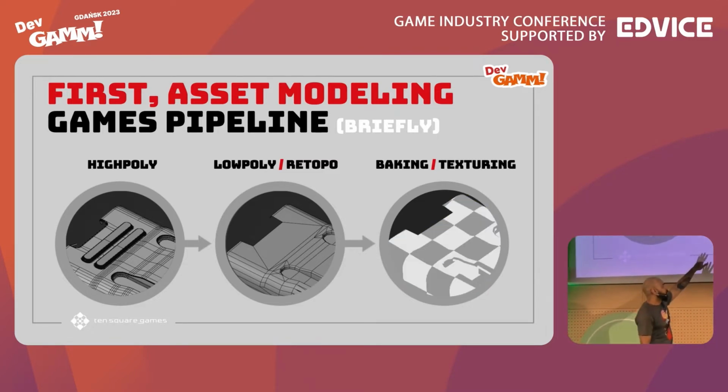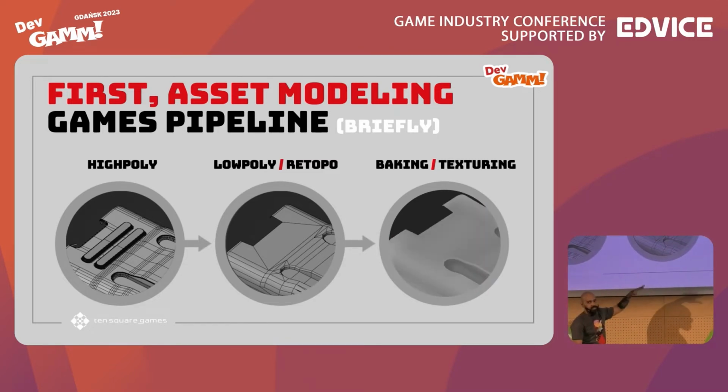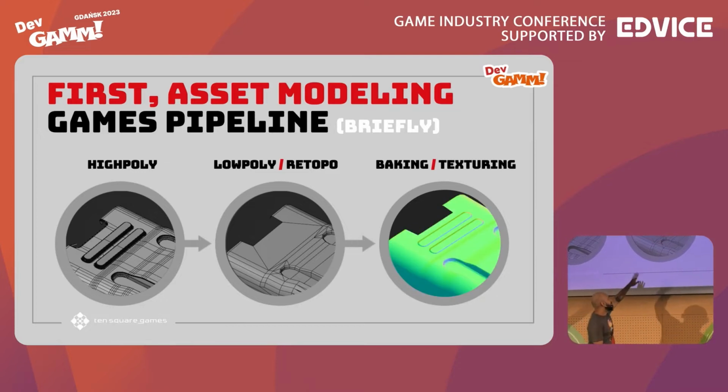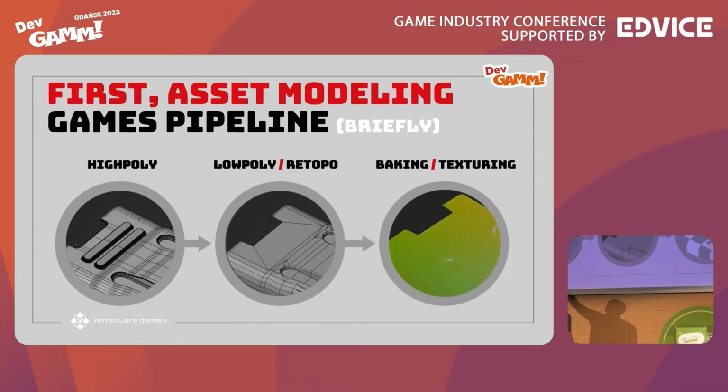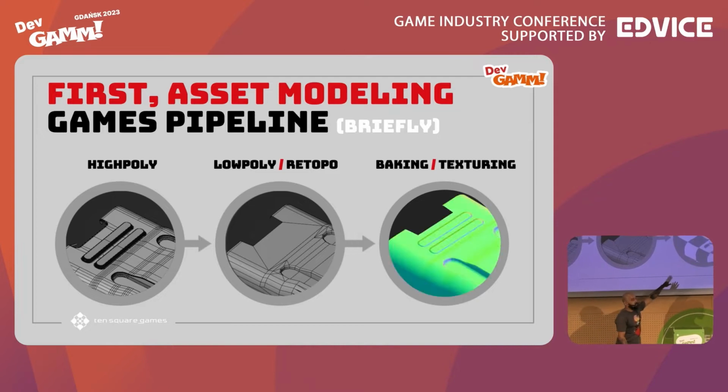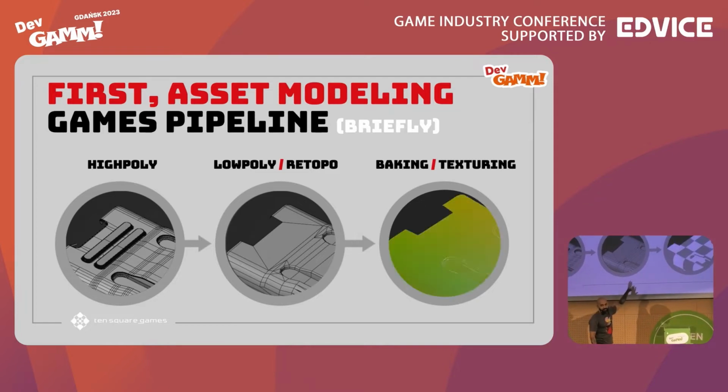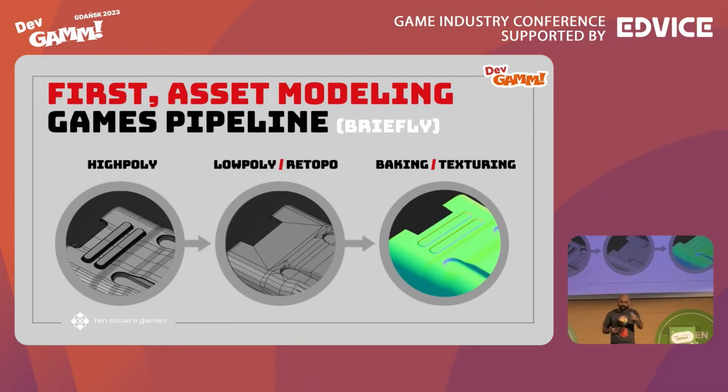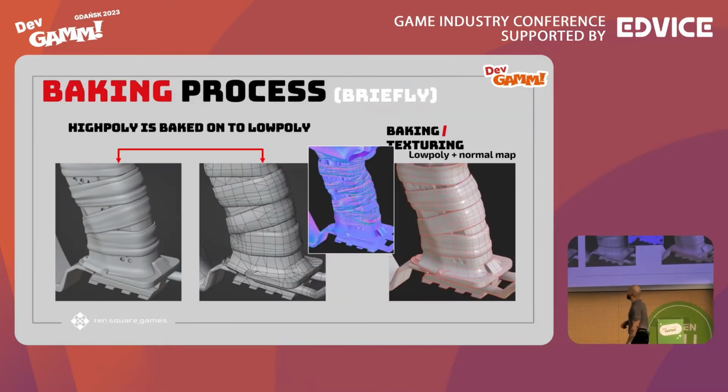Then you create the low poly, which is the mesh that's going to be in the game. And then you make all this high poly information into maps that will be applied further on the low poly, okay? Maybe later we can ask some questions about that process.